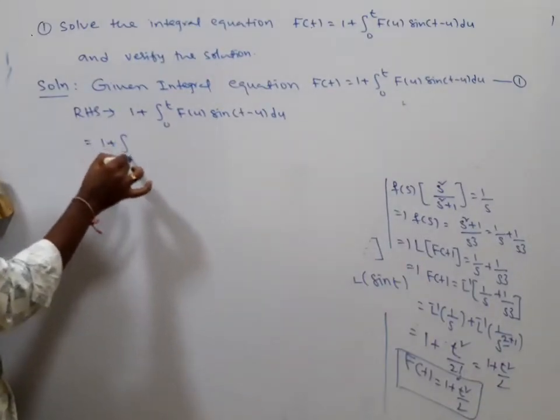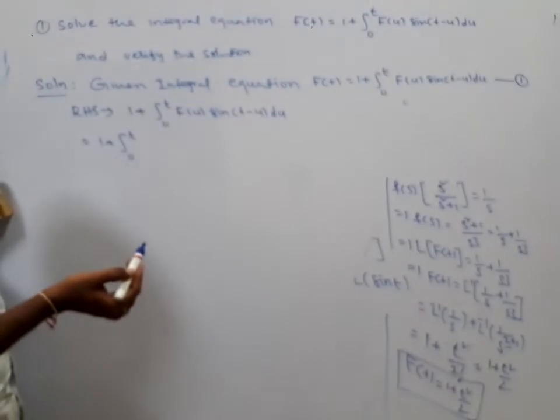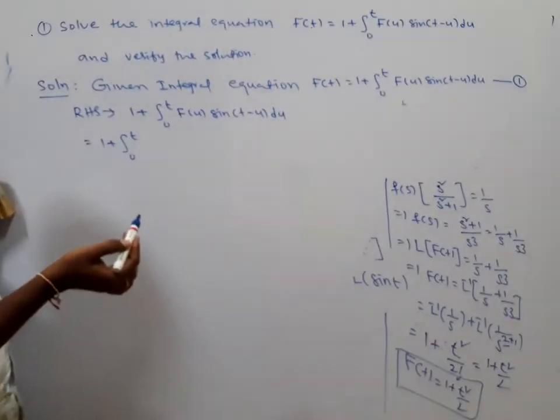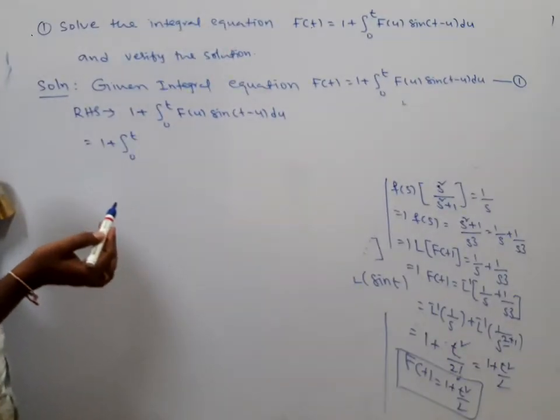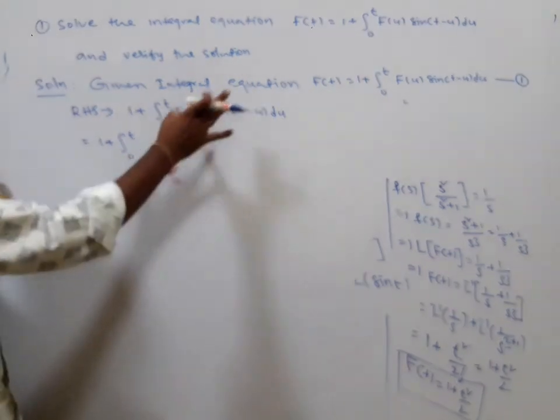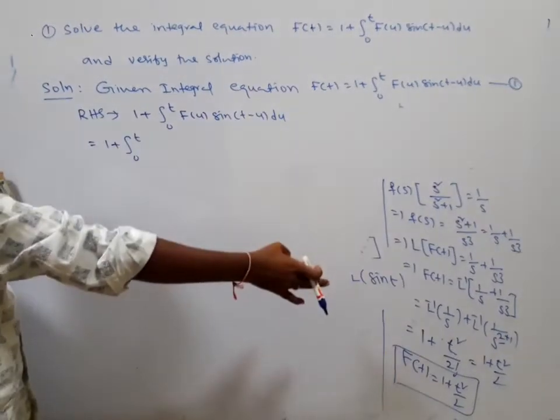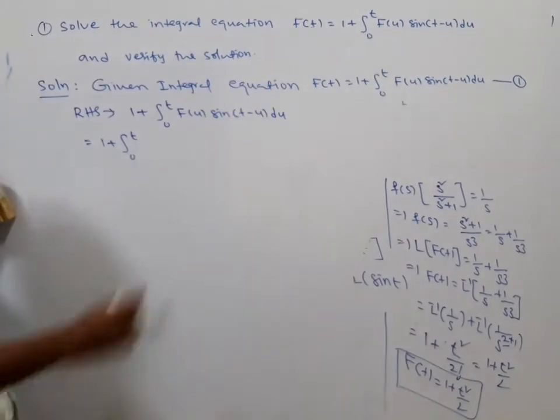I have to verify whether f of t equals 1 plus t square by 2 is a solution of the given integral equation or not. So LHS already f of t is there. After simplification, what are you going to expect if you take that 1 plus t square by 2.